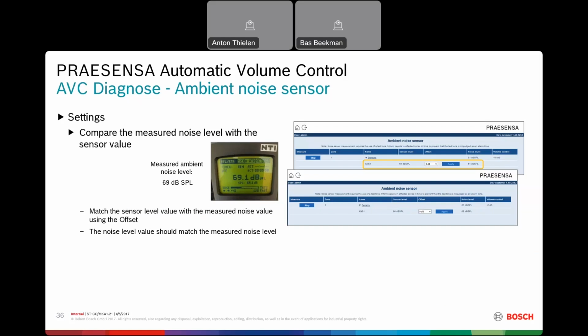And with that, we have an offset parameter to adapt the noise level to the measured noise level source. So that can help you adapt the values to the actual sound pressure, what you expect and what you really measure there.